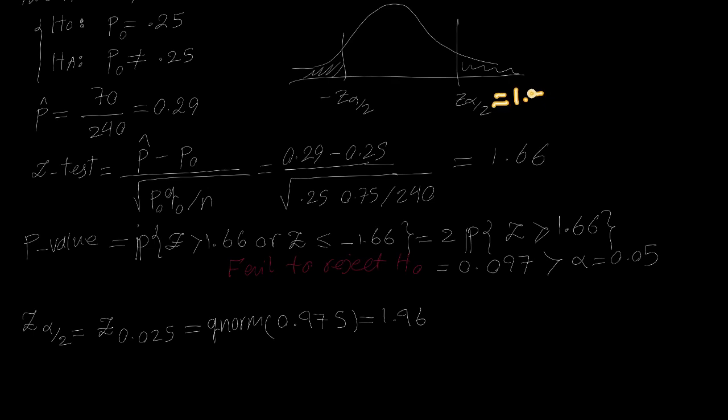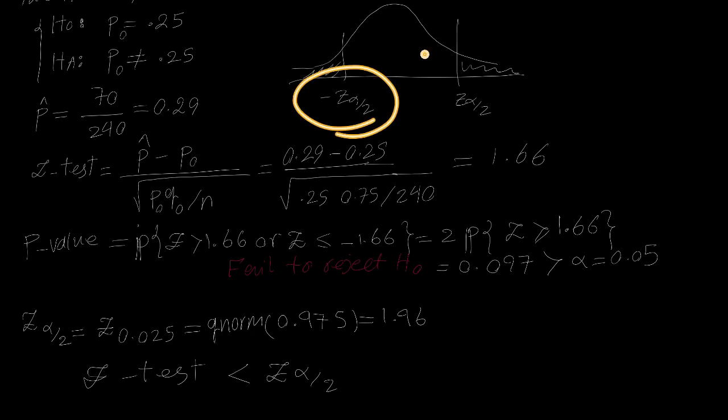If here it's 1.96, this point is the z-test and it's 1.66. These two regions, here and here, are the rejection regions, and this is the acceptance region, because right now the z-test is less than Z of alpha half, and also greater than negative Z of alpha half.